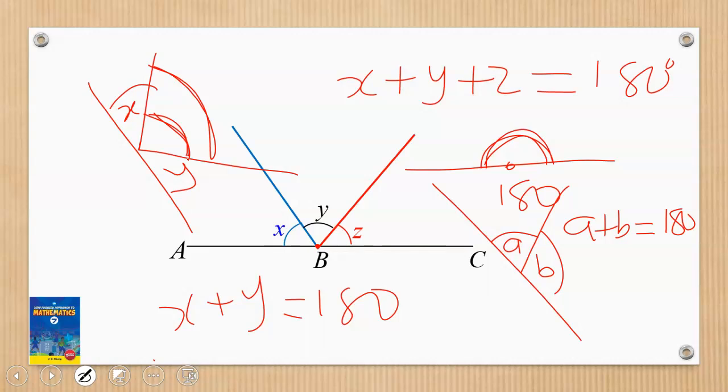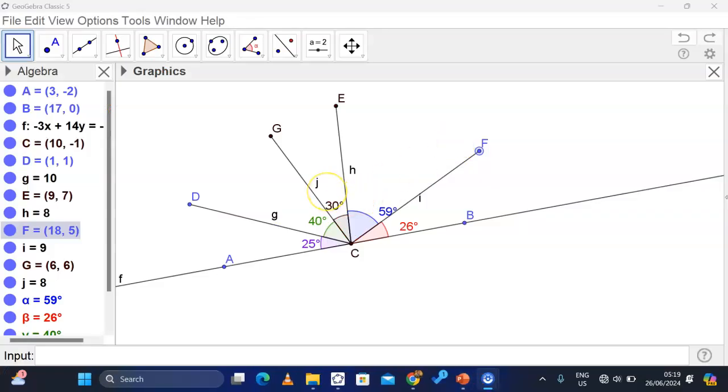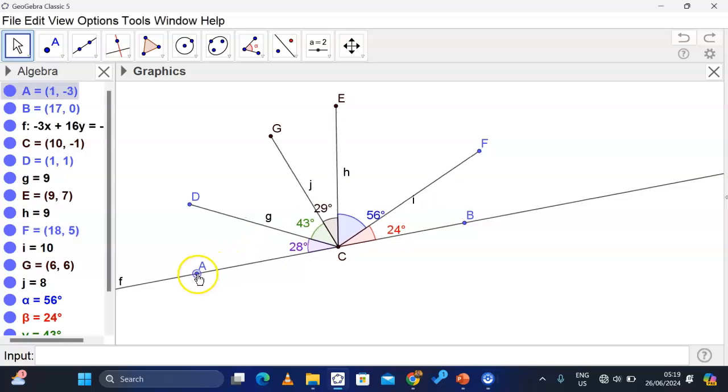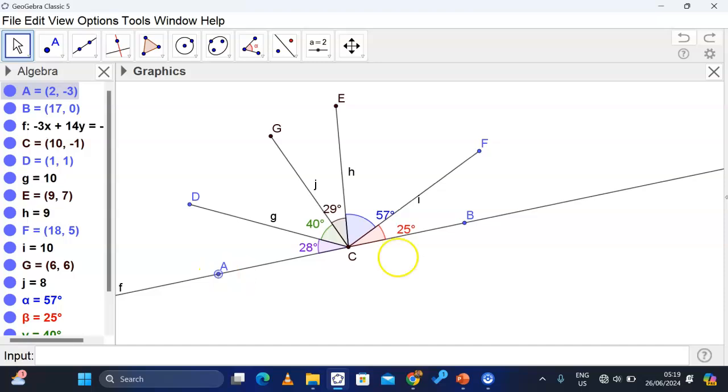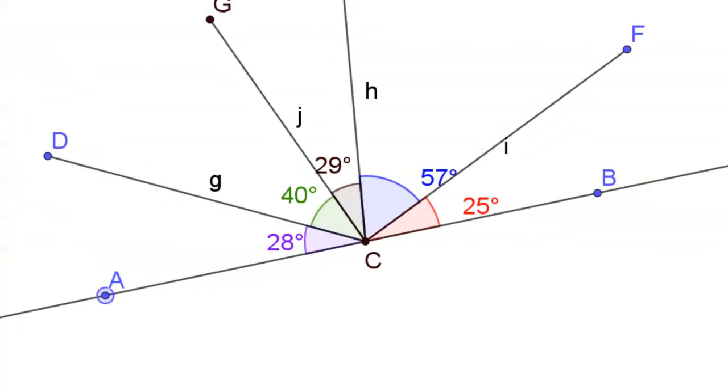Now let's use GeoGebra to demonstrate this concept. Let's observe this. We have the line AB, okay, that is a straight line. Then we have the angle red 25, blue 57, black 29, green 40, and mauve 28.